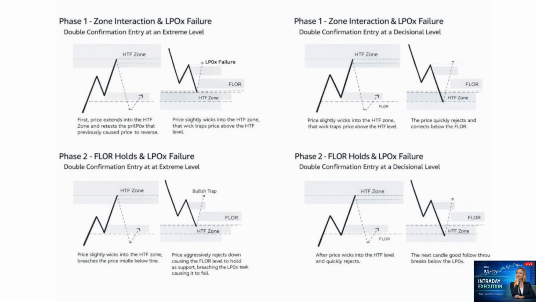Price trades into that supply level, gives the initial reaction, the extreme of the reaction, and the failure. We've seen the last point of supply fail and a supply to demand zone level created. Price trades lower, sweeping the flip, the structural liquidity or decisional level, trading into the extreme, and then trades higher.